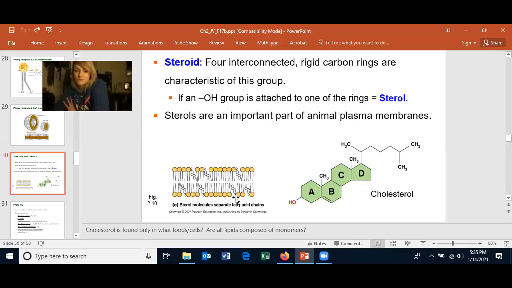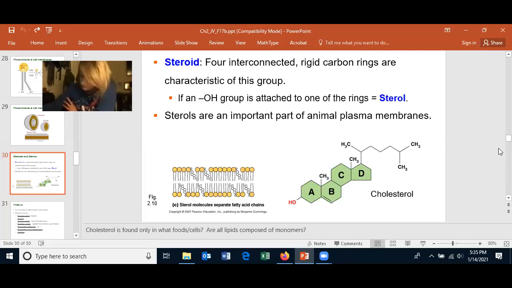What protects the cell of a plant cell? Cell wall. Yeah, the cell wall. So plants don't need cholesterol to strengthen their cell membrane because they have a cell wall, which gives a lot more strength to the cell than cholesterol would. So plants don't have cholesterol in the cell membrane because they don't really even need it.